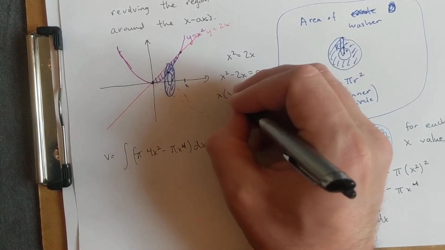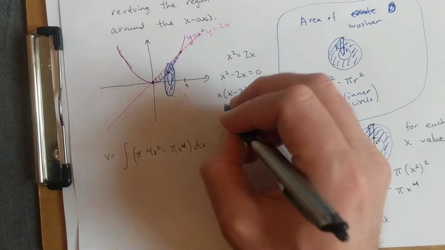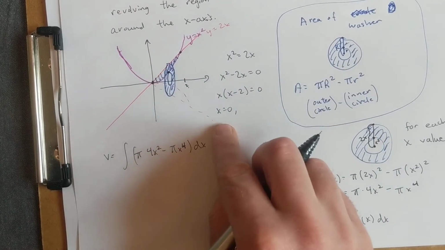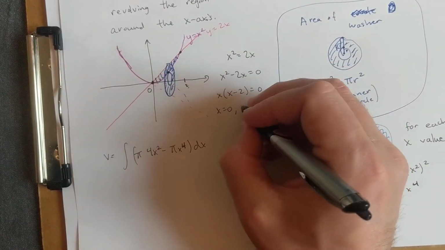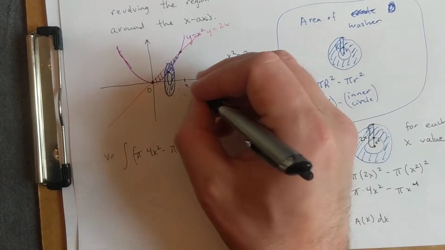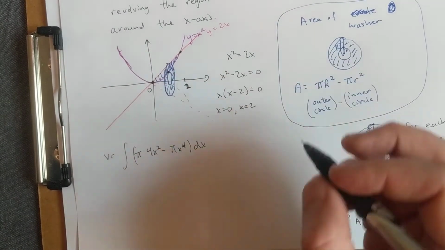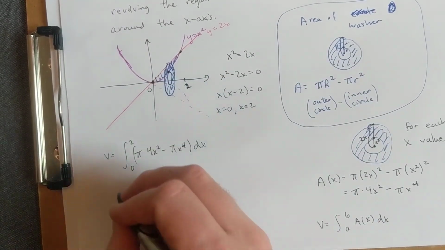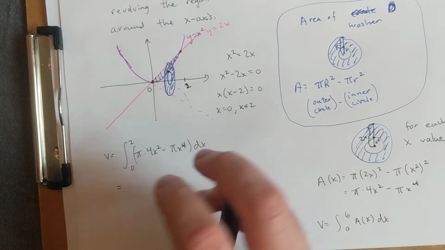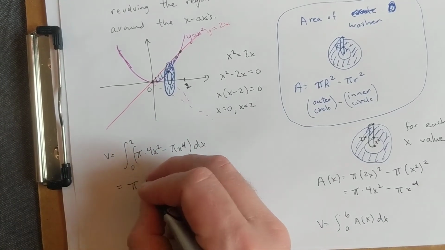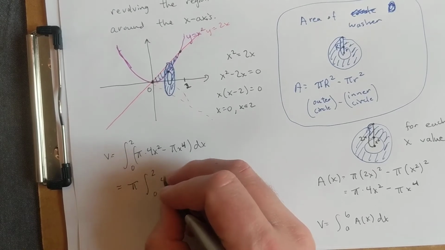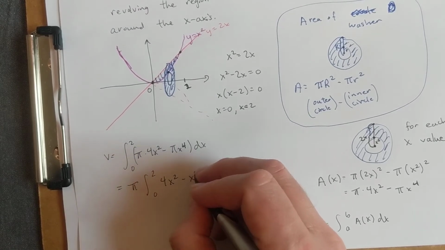I have a common denominator of x. And so x equals 0, like we suspected, and then x equals 2. So it ends over here at 2, and those are our bounds. I left the pi's out front on purpose so I can bring them all the way out front. Now I'm just dealing with 4x squared minus x to the fourth.